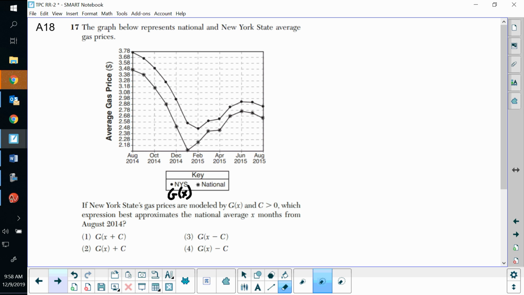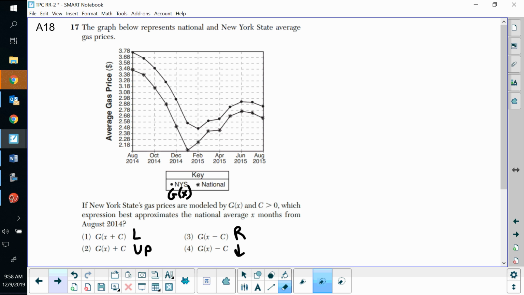We want to know which of these shows the national average. Well, if you look at each of our choices, these are all showing shifts. This would be a left shift, this would be a right shift, this would be up, and this would be down. And we just want to see from our dots, the New York State, in general, what shift took place with the graph.